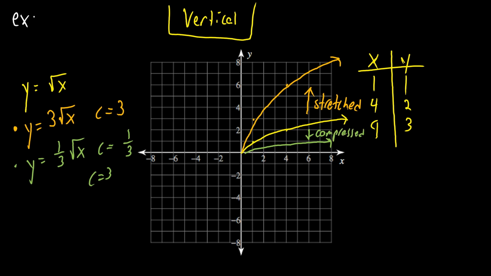Okay, so that's all for the vertical scaling portion of this problem. Let's move on to the horizontal. Write our horizontal up here, and just like our vertical scaling, we're going to have 3 different functions here.